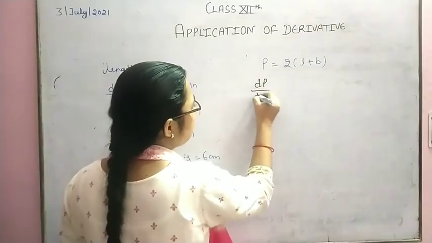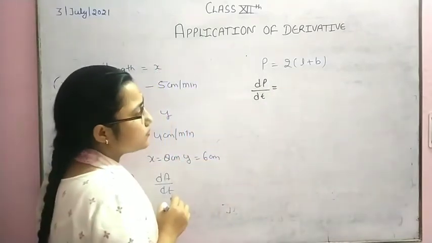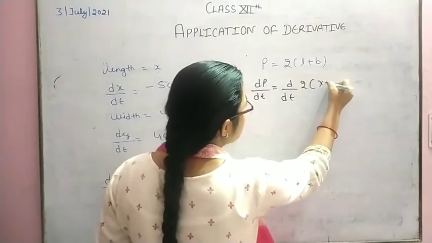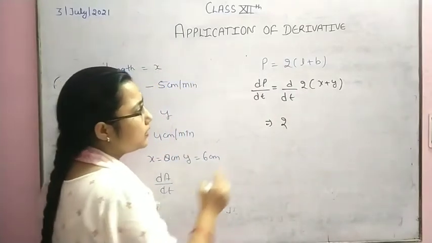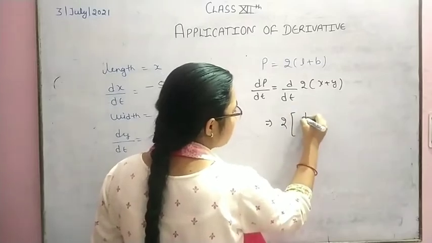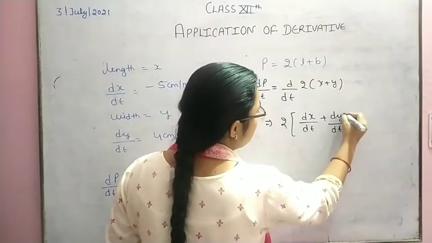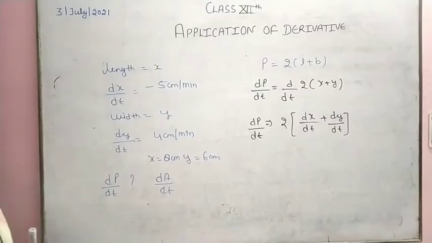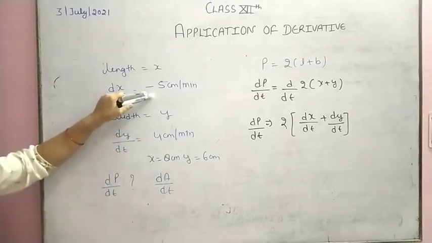So that means dP/dt, differentiating both sides with respect to t, we get d/dt of 2(x plus y). So 2 is common because it is a constant number. Now differentiate x and y, we get dx/dt plus dy/dt. Correct. Now the values of dx/dt and dy/dt are given: this is 4 centimeter per minute and minus 5 centimeter per minute.